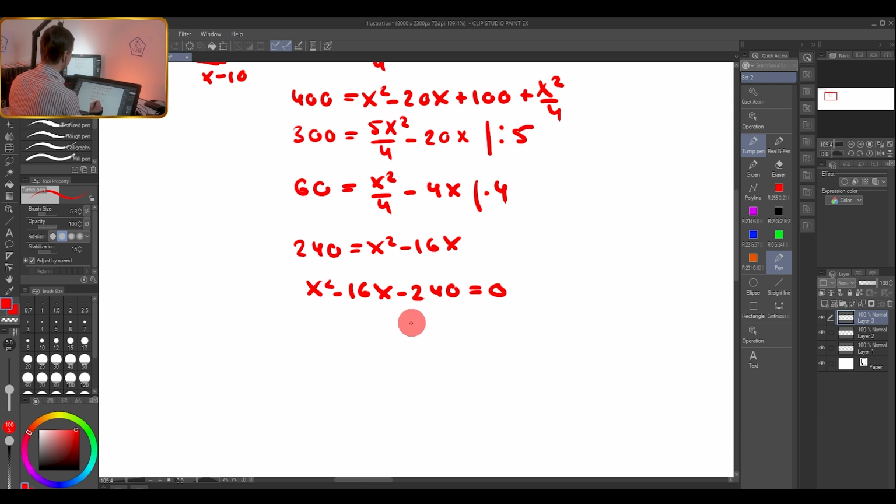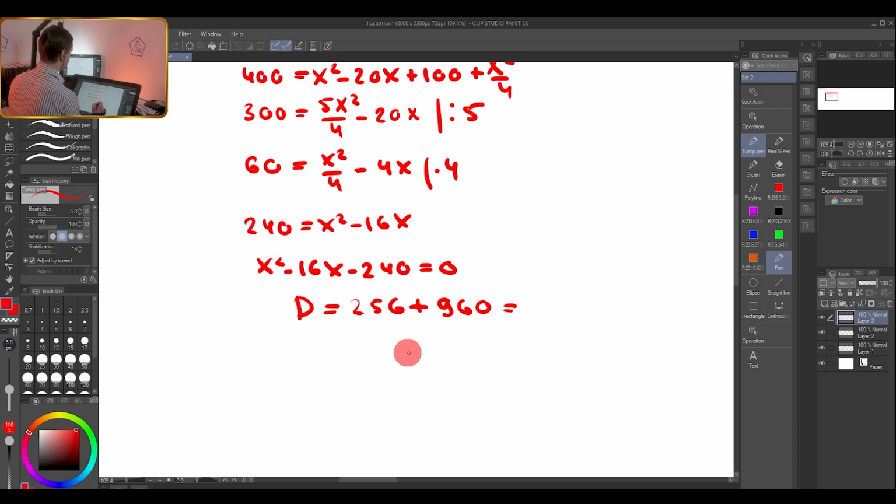So, in this case, we will go in a very straightforward manner. We calculate the discriminant, which is equal to b squared minus 4ac. So b squared is 256, and minus 4ac, 4 times this one with minus, it will be plus 4 times 240, which is 960.